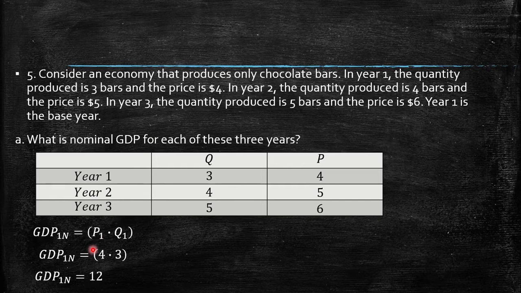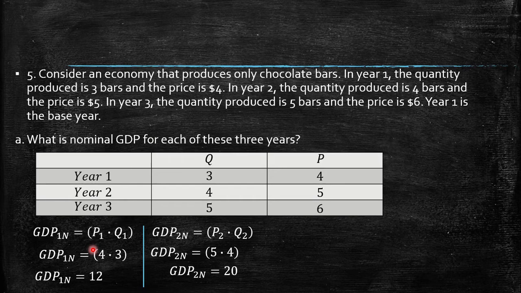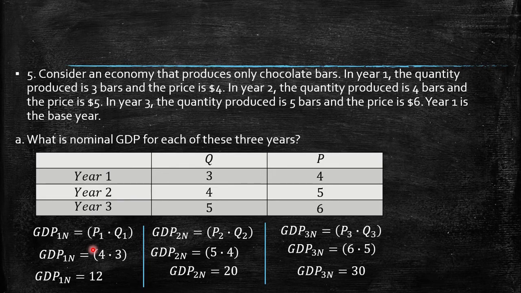So we have 4 times 3, so we end with 12. And then for year 2 we have price 2 times Q2, so we have 5 times 4. Then we have 20. Then for the other situation, we have 6 times 5, so we have 30.